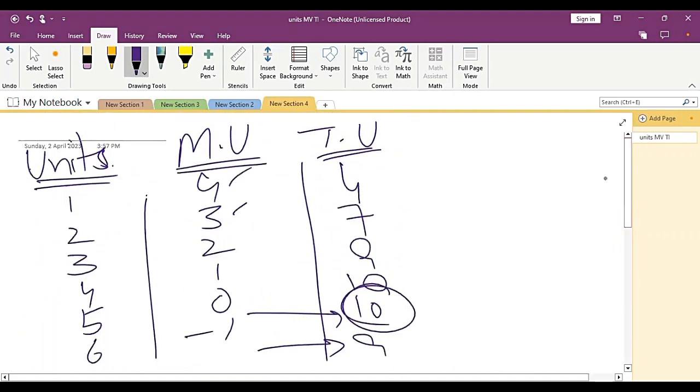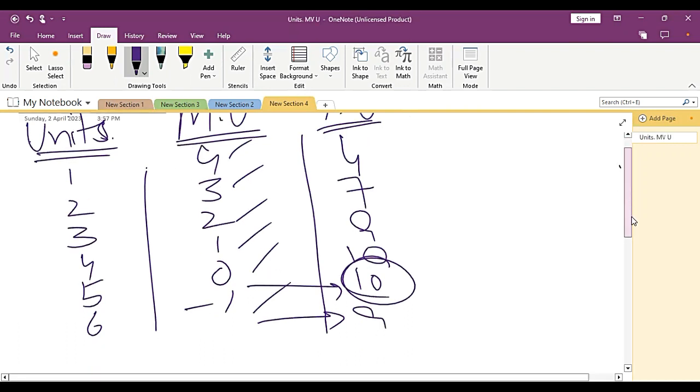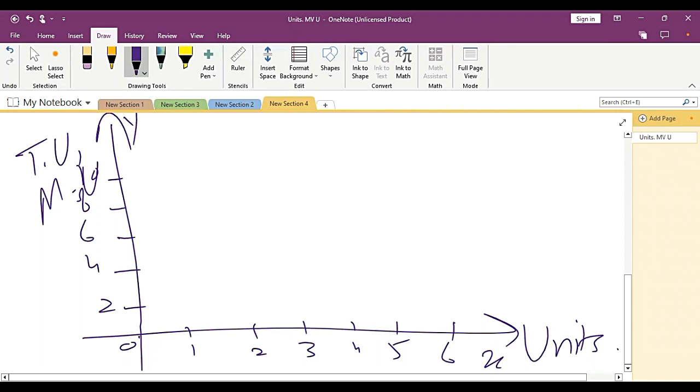What is the marginal utility? 4, 3, 2, 1, 0, minus 1. Let's plot it first. At 1 it is 4, then it is 3, 2, 1, 0, minus 1.